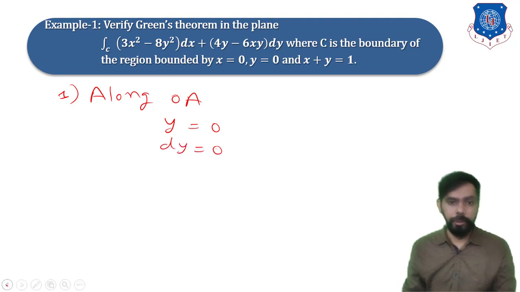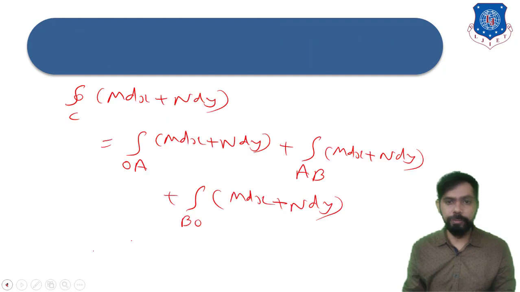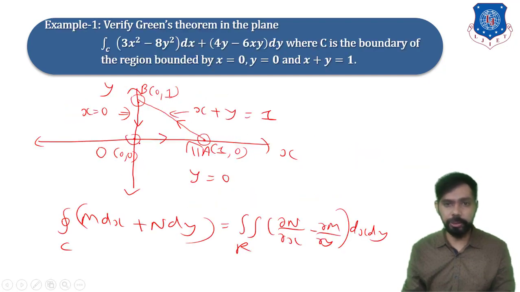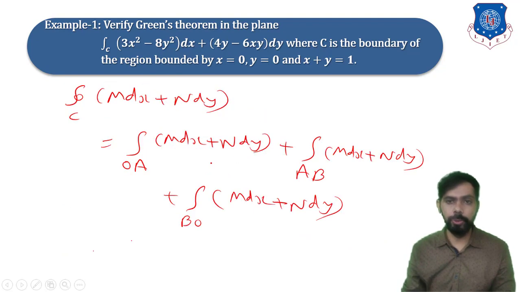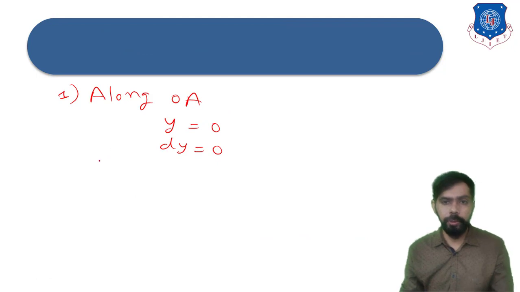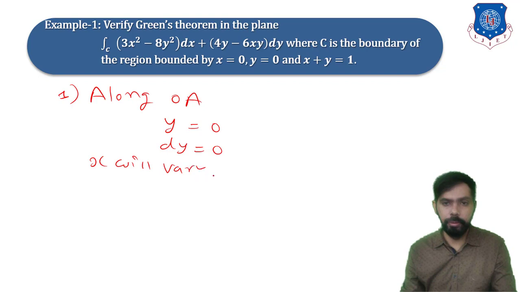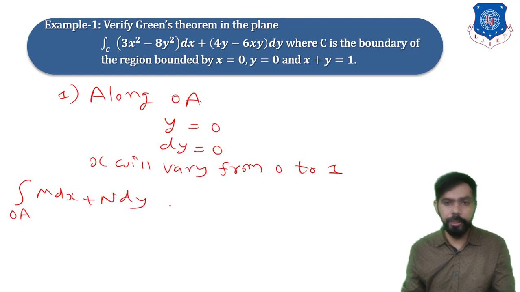And if we look at the limits of x, for this path x will vary from x equal to 0 to x equal to 1. So along OA x will vary from 0 to 1.